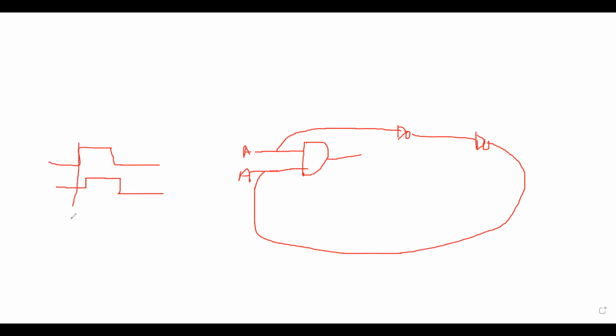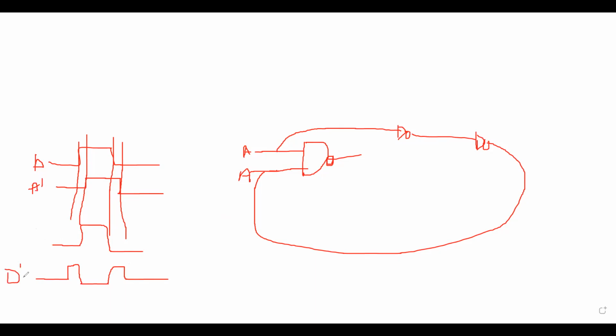So when we do this, we will get something like this, which we call the A dash output.